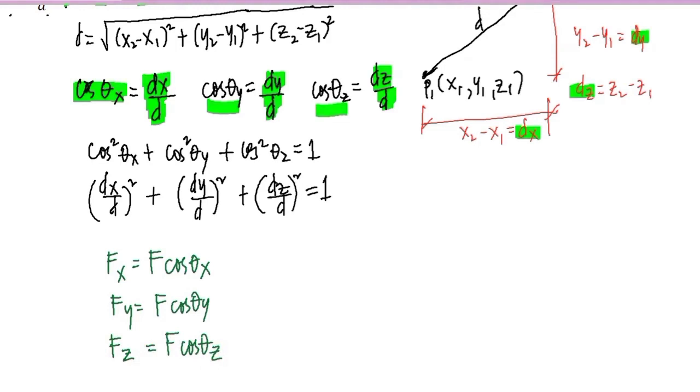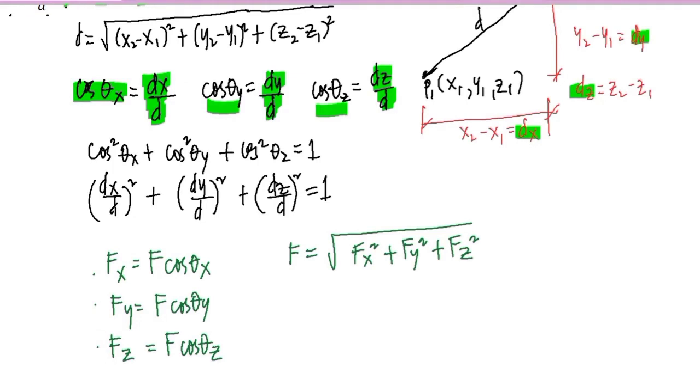And if we are going to compute for the magnitude of the force F, that is just equal to the square root of fx squared plus fy squared plus fz squared, wherein this fx, fy, and fz are the components of the force F.